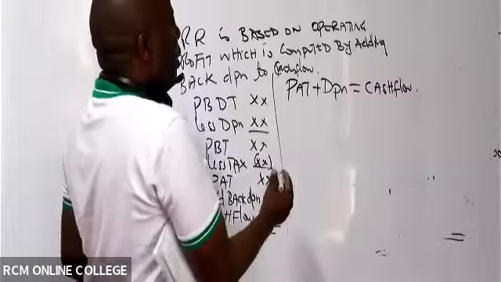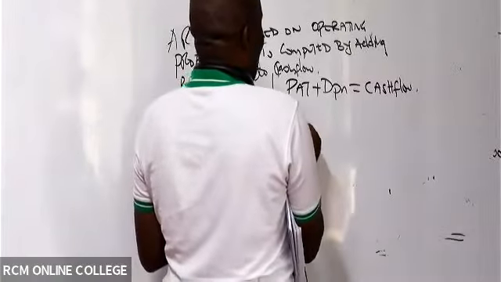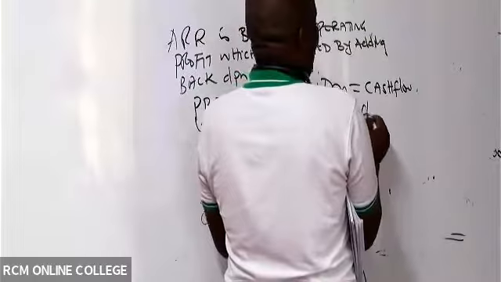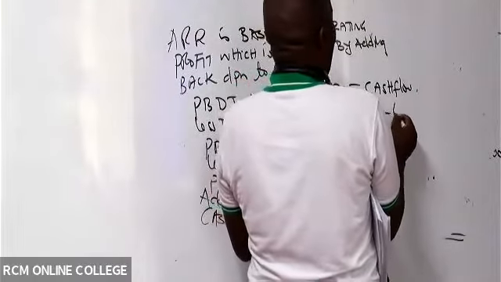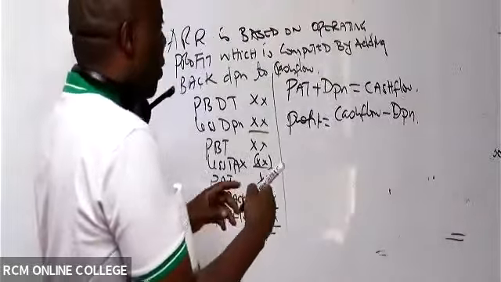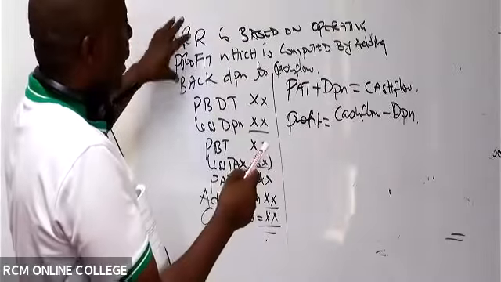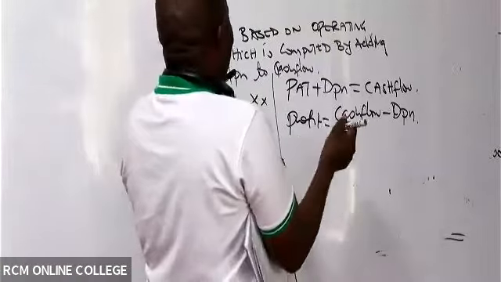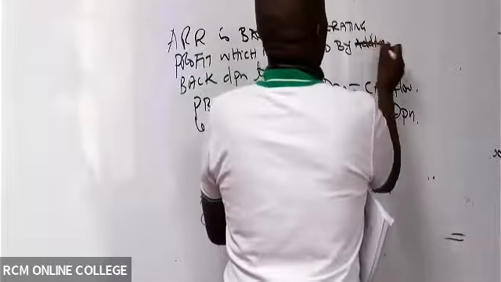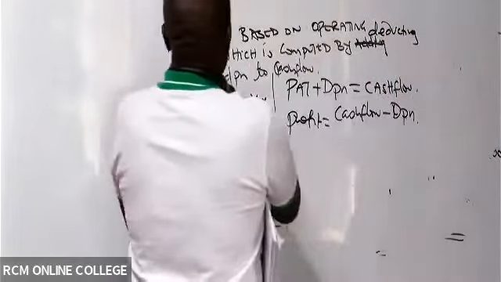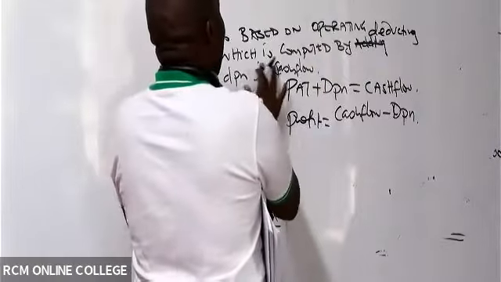So to get profit, you take cash flow and less depreciation. Please change this slightly: ARR is based on operating profit, which is computed by deducting depreciation from cash flow.